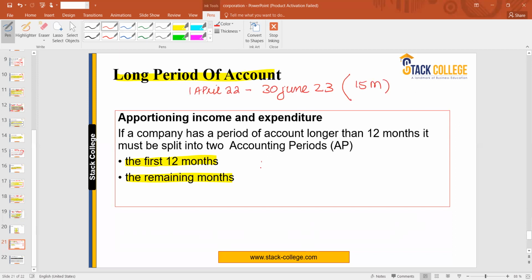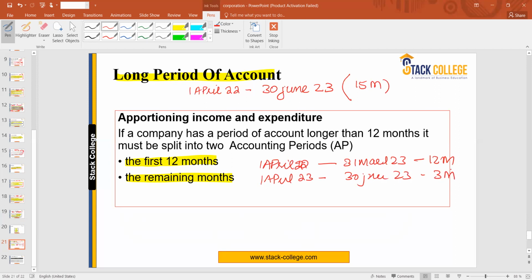Then I will split this into two parts. First one is always a 12-month period to 31st March 23. This is the first 12 months. And then the next one is April 23 to 30th June 23, a short period.